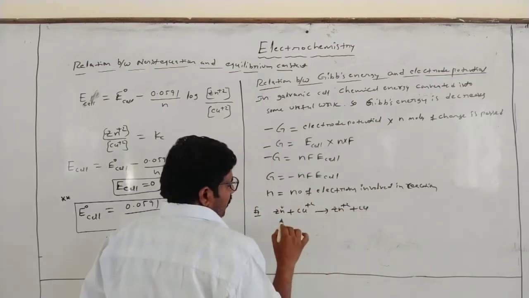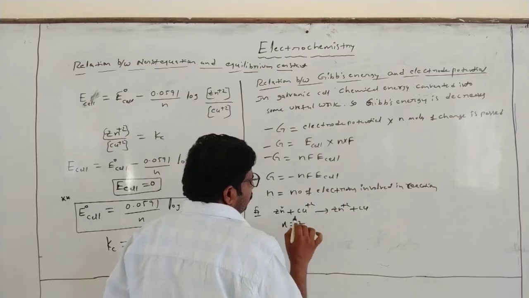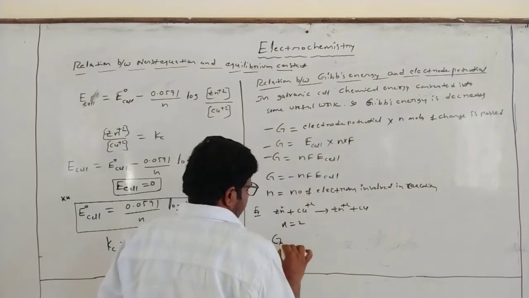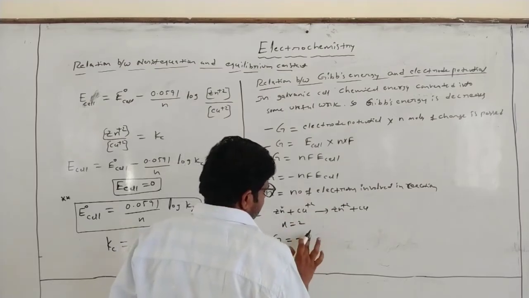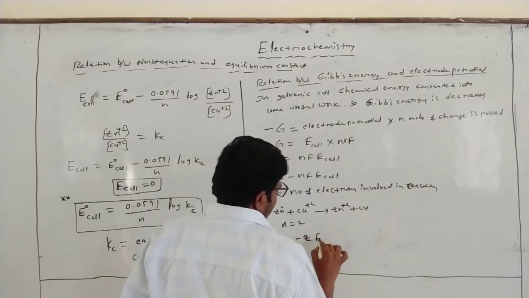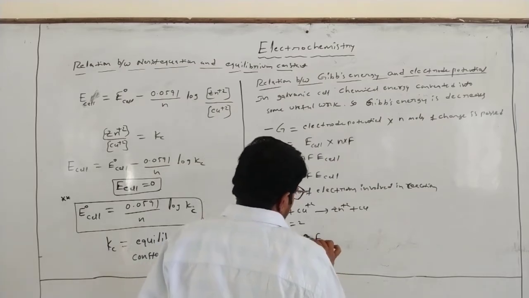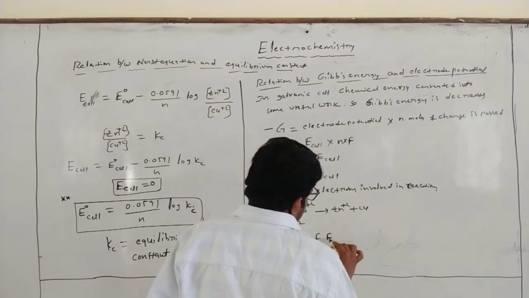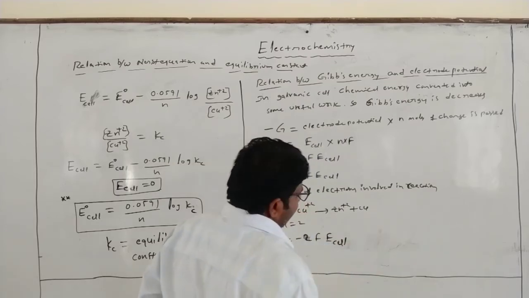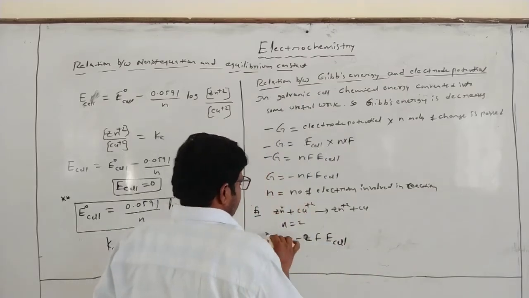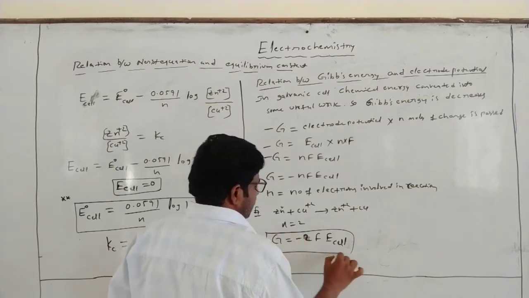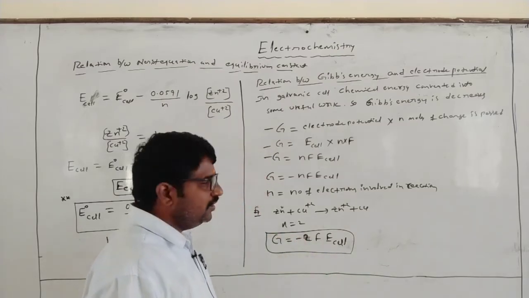For this reaction n is 2, so G is equal to minus 2F E cell. So this is the Gibbs energy for a galvanic cell.